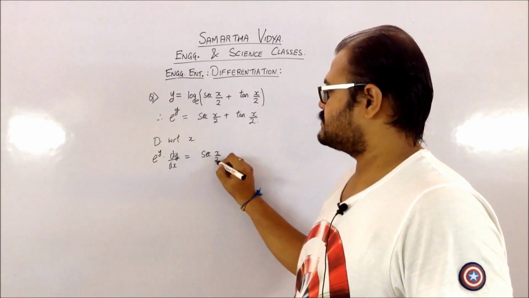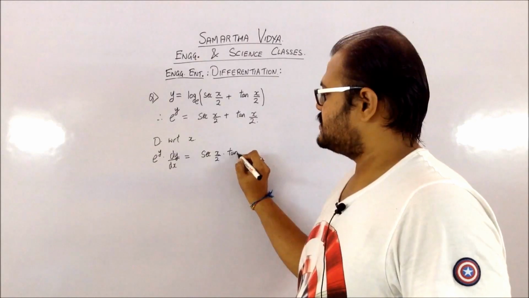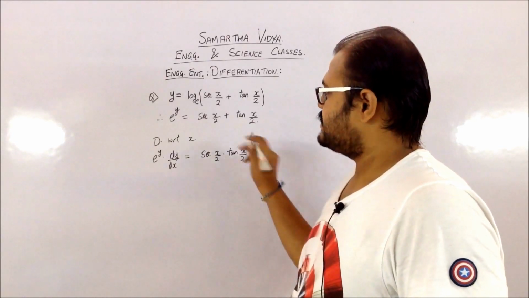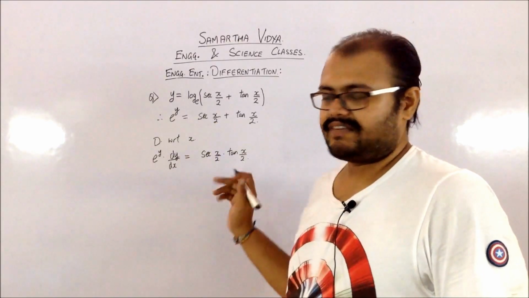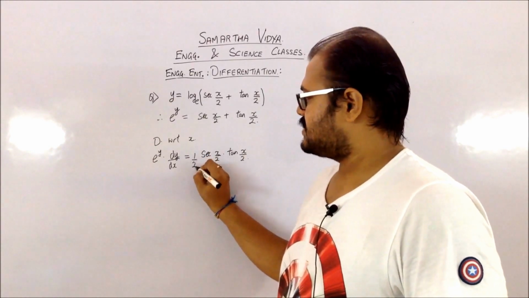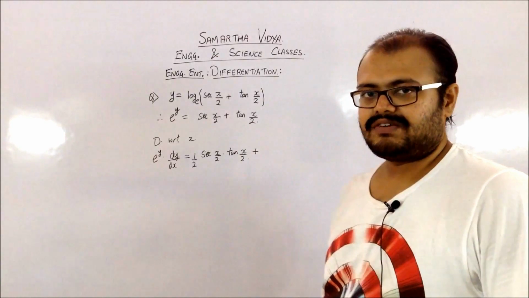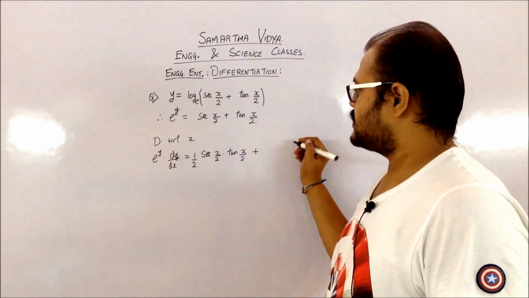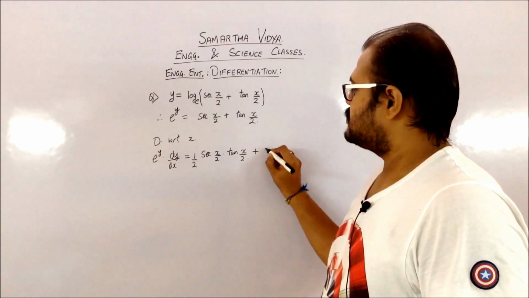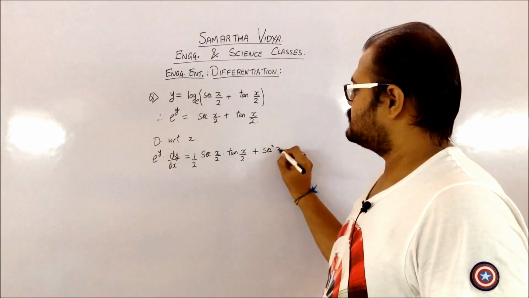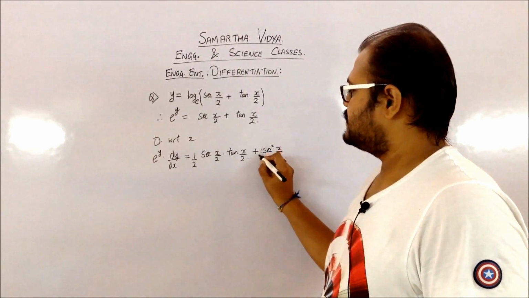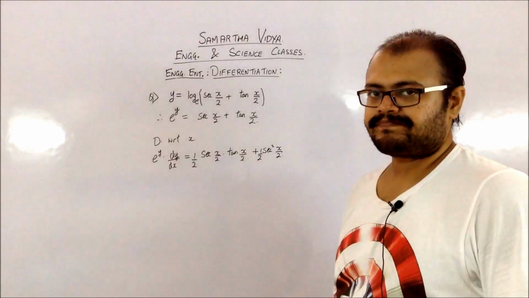So it's going to be sec x by 2 into tan x by 2, and you don't have a x over here, you have x by 2, so derivative of that is half, plus derivative of tan x by 2, so that's going to be nothing but your sec square x by 2 into again the derivative of x by 2.